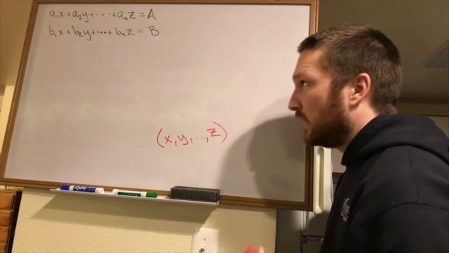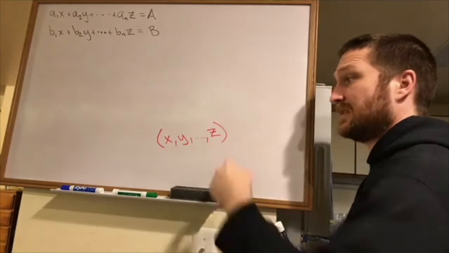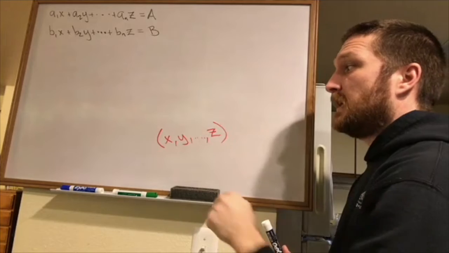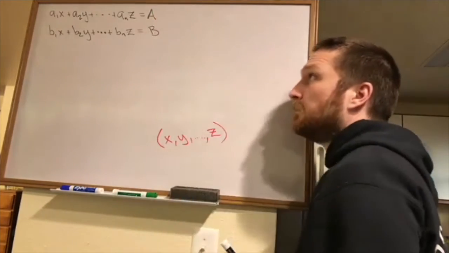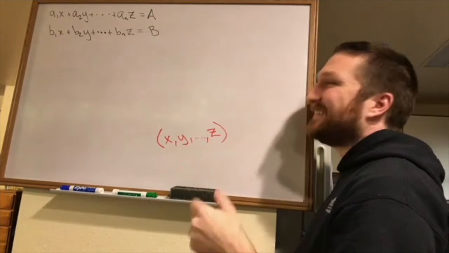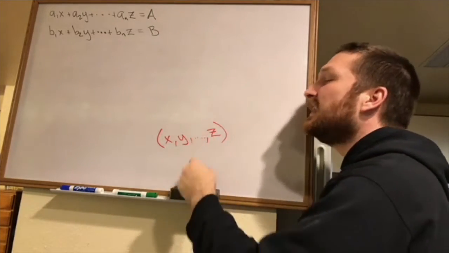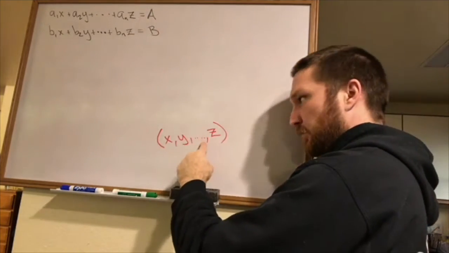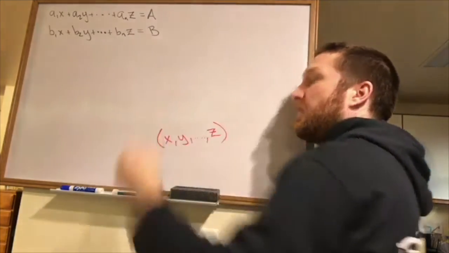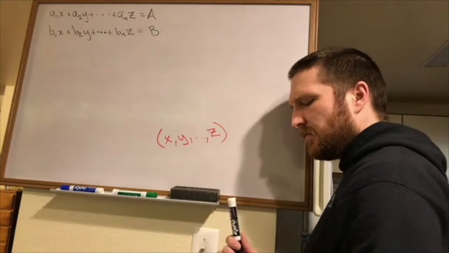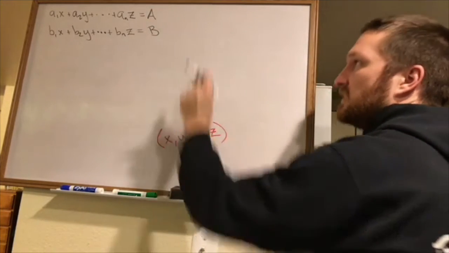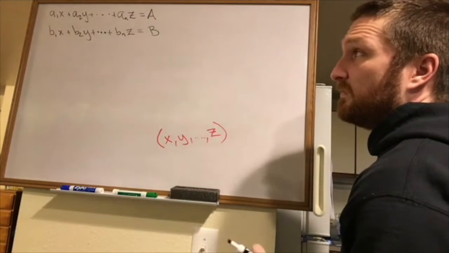Since it is a point on the intersection, this point is on this plane, or hyperplane. It's rightly called a hyperplane. This point is on that hyperplane, and this point is also on that hyperplane. So just like we did before, you're telling me that this is on number 1, the first one up there.